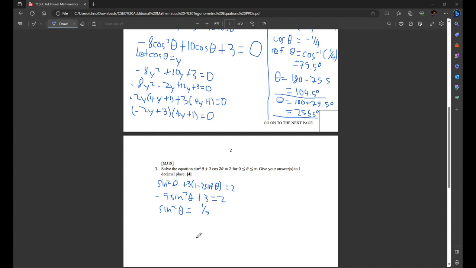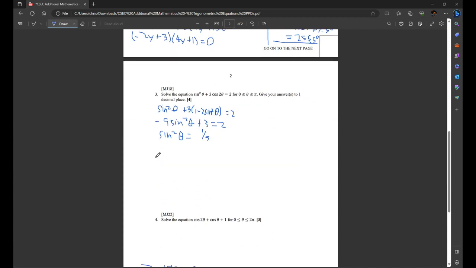But we're not done here, because we're going to have to take the square root. So we're going to root this, which means that sine theta can either be equal to positive 1 over root 5, or sine theta is equal to negative 1 over root 5.